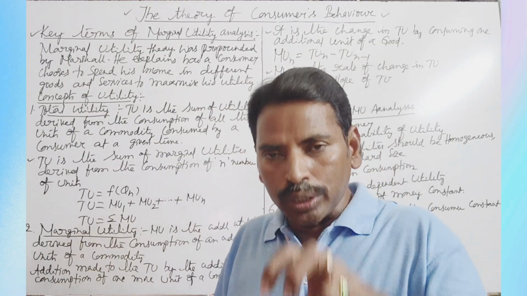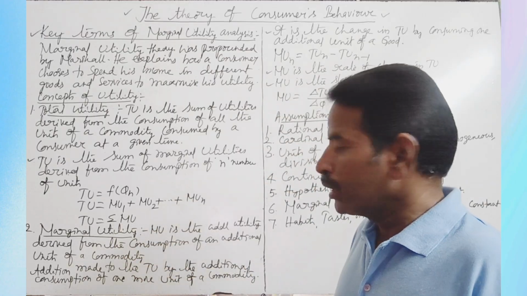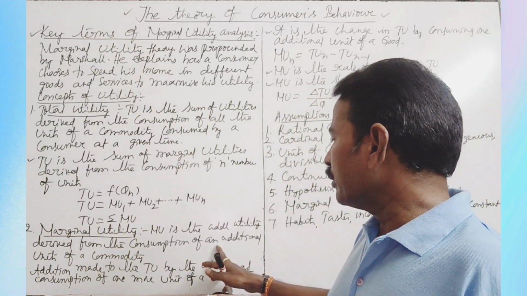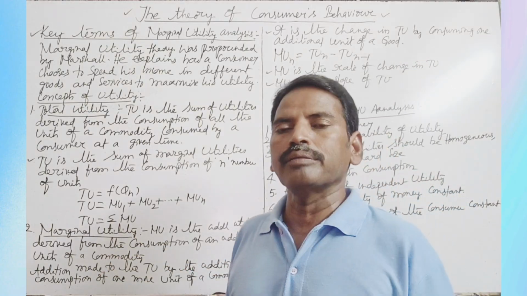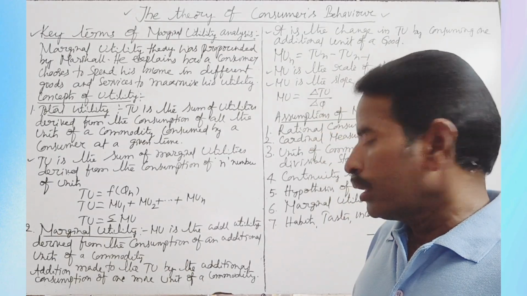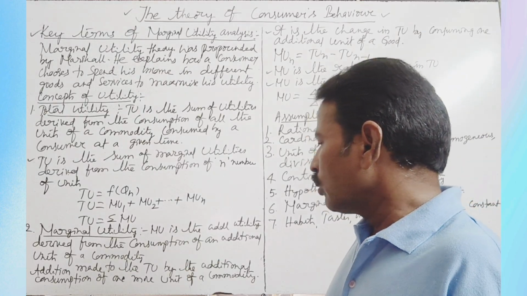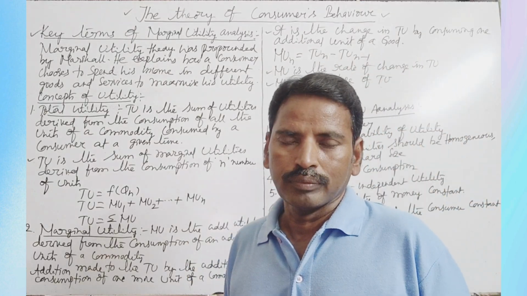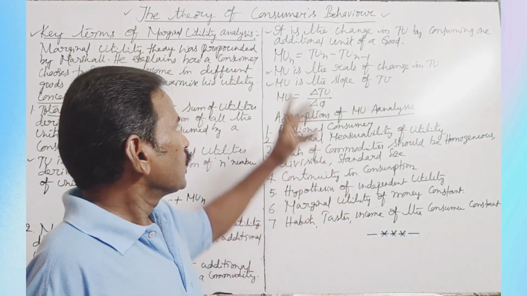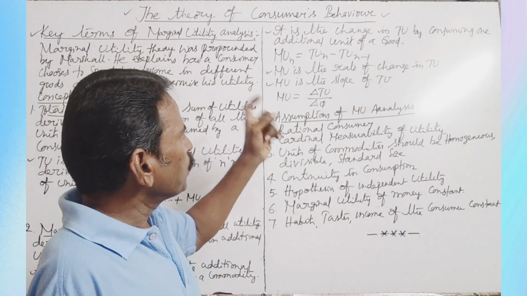In other words, it is the addition made to the total utility by the consumption of one more unit of a commodity, the change in total utility by consuming one additional unit.